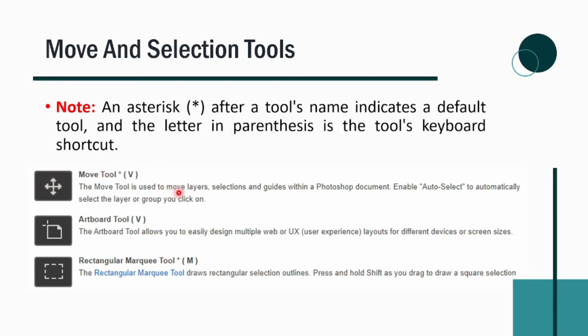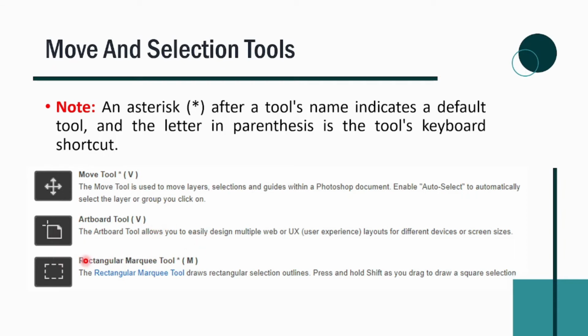So, pwede na ka mo click sa letter V, and then automatic mo select siya sa move tool. The artboard tool, also V. So, same selection sila sa move and the artboard tool. So, most likely, ang uban na Photoshop class wala na ning artboard tool.